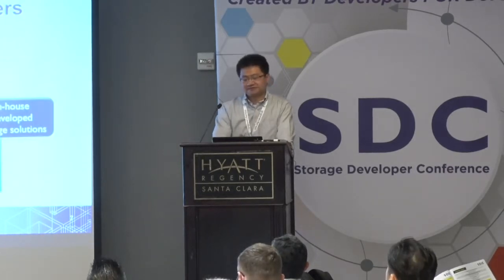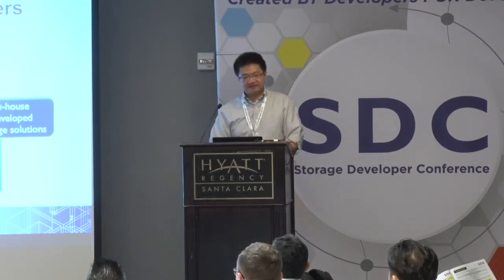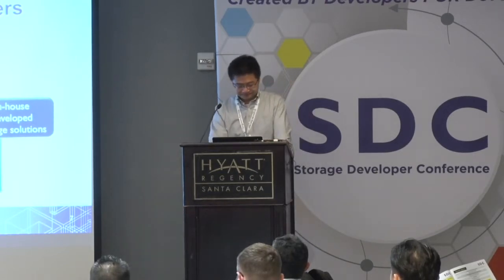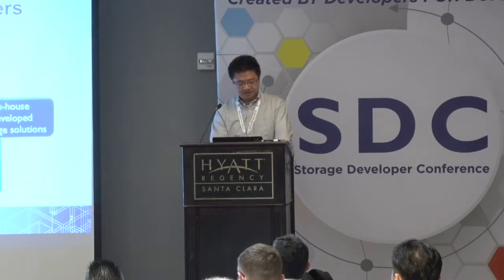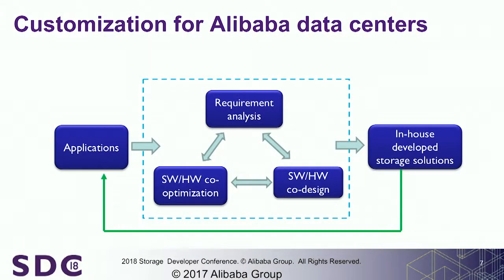So before I give some high-level idea of how we customize our FTLs for different business requirements, I just want to give a high-level summary overview of what we do to customize the FTLs in our data centers.